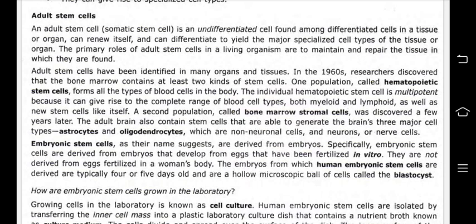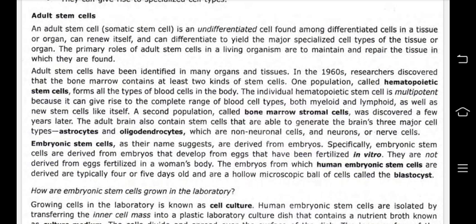In the 1960s, researchers discovered that the bone marrow contains at least two kinds of stem cells. One population, called hematopoietic stem cells, forms all the types of blood cells in the body. The individual hematopoietic stem cell is multipotent because it can give rise to a complete range of blood cell types, both myeloid and lymphoid, as well as new stem cells like itself.